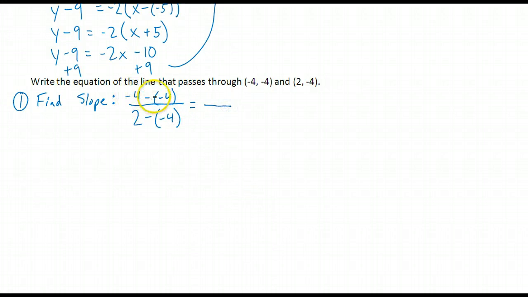Negative 4 minus negative 4 is negative 4 plus 4, which is 0. 2 minus negative 4 is 2 plus 4, which is 6. And 0 divided by 6 is 0.